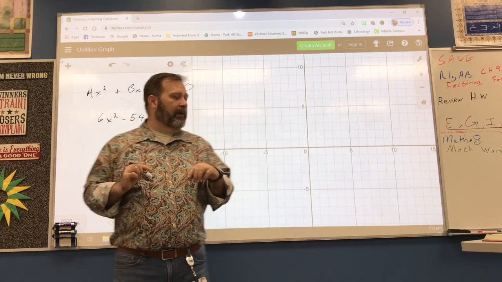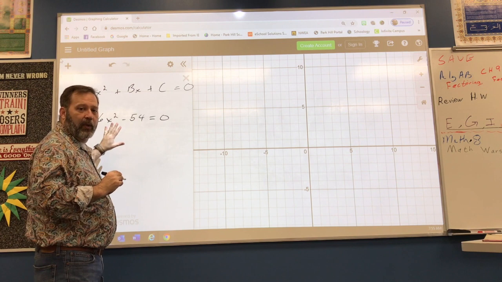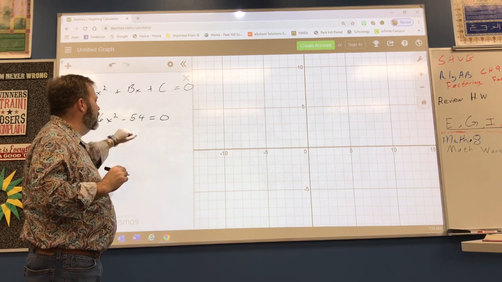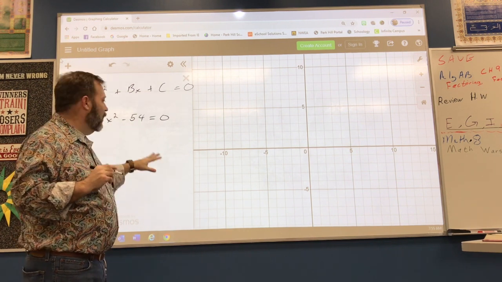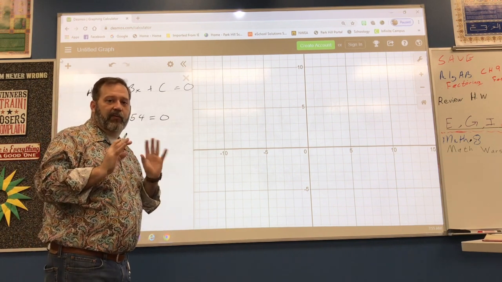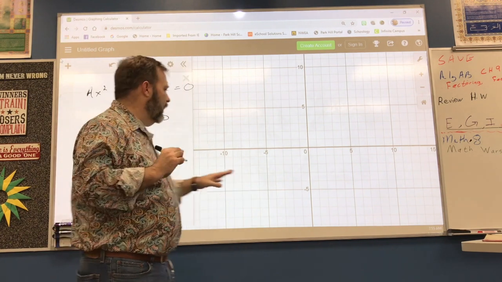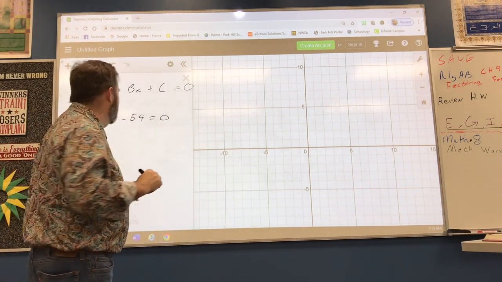Let me show you what we do. Here's an example of an ax squared plus c form of a quadratic. I have it set equal to 0, which means I want to know where the x-intercepts are. Very simple, very easy. I'm just going to solve this equation.